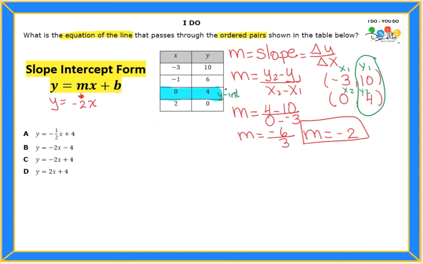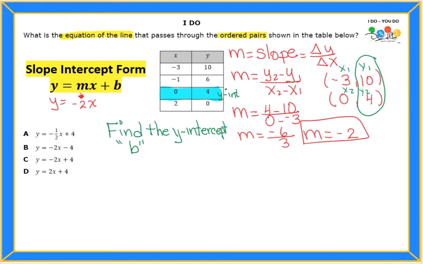But if you don't remember your definition for the y-intercept, then we're going to need to work out the problem, which is perfectly fine. So we're going to find the y-intercept, which is b. The y-intercept is b.